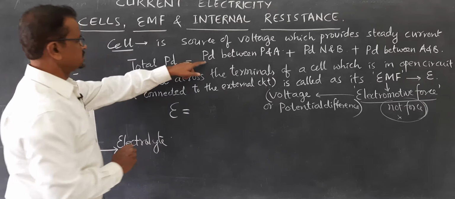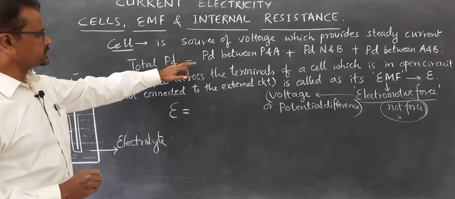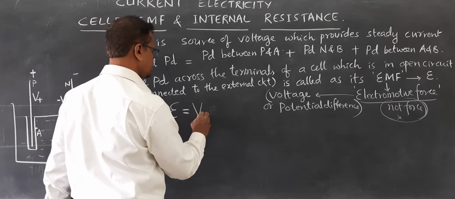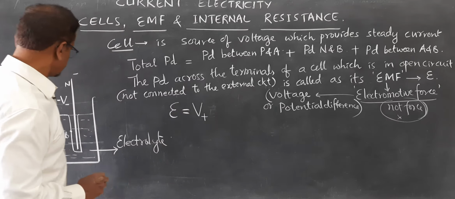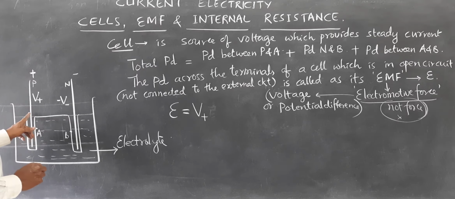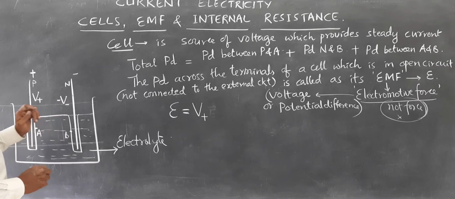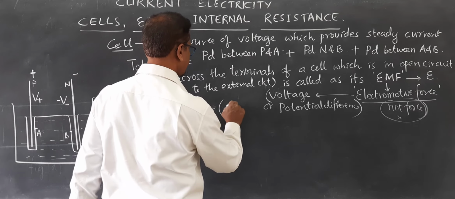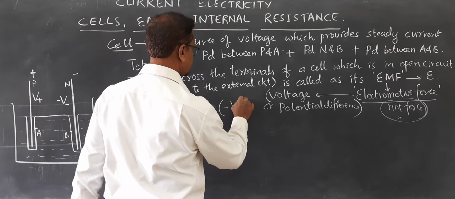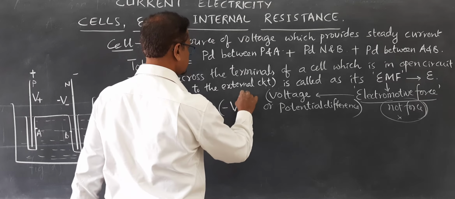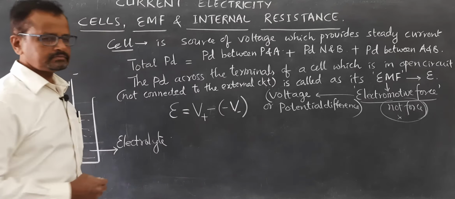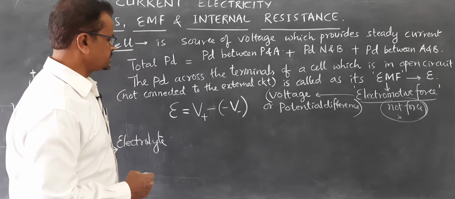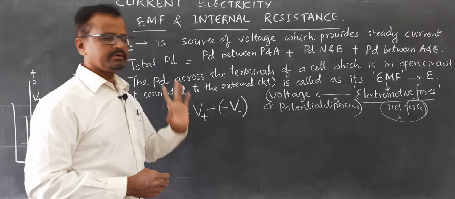Fine. Then what is the value of EMF? From the above equation, the potential difference between P and A is V plus, and the potential difference between N and B becomes minus of minus V minus. So, this becomes V plus plus V minus.